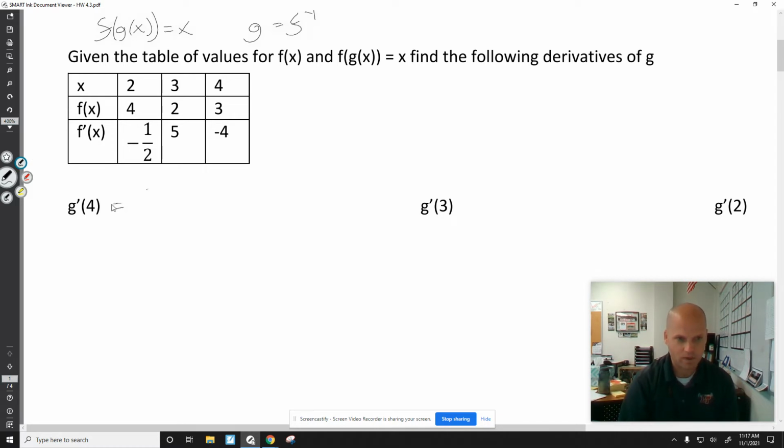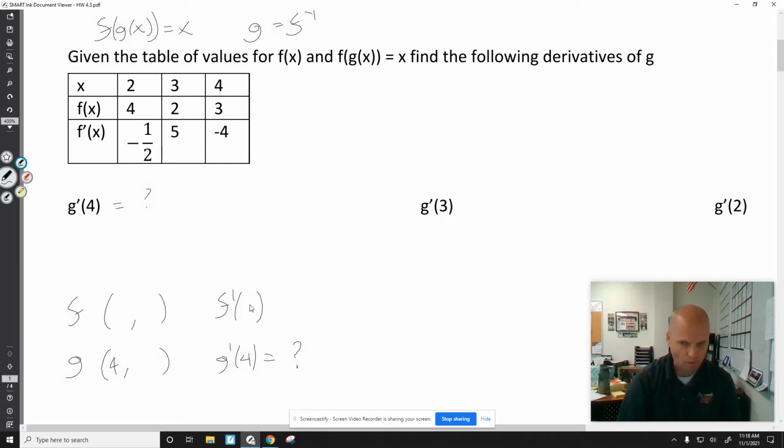Okay, g prime of 4, what is it? Here's what I do. Ready? Start with our table. The goal is to find this value: g prime when we have an x coordinate of 4. I focus on this point, g at 4, but then we think about f.